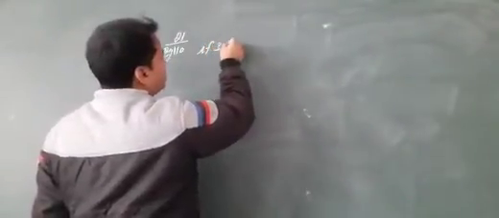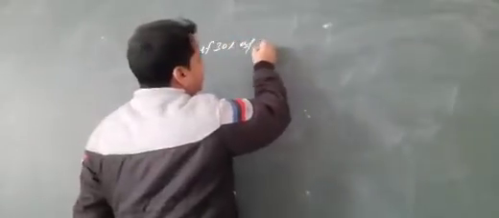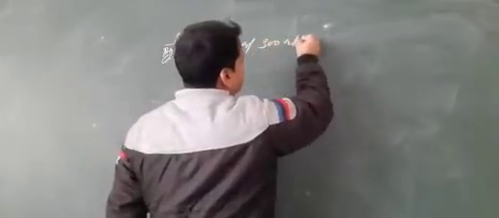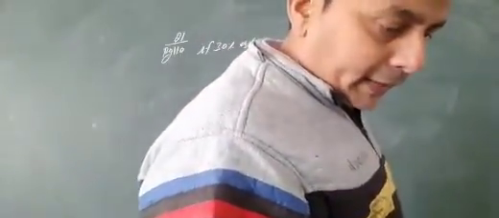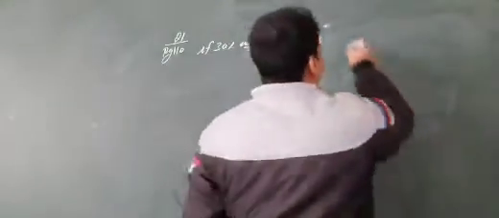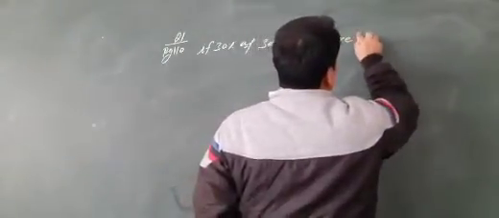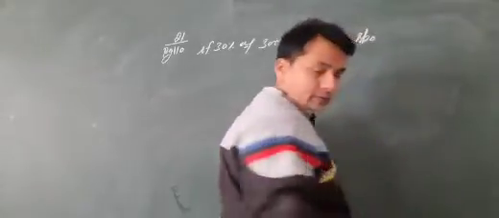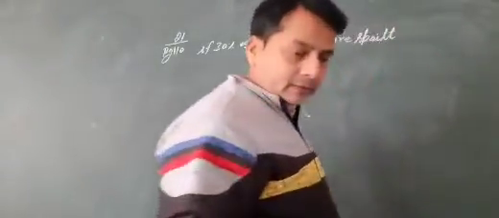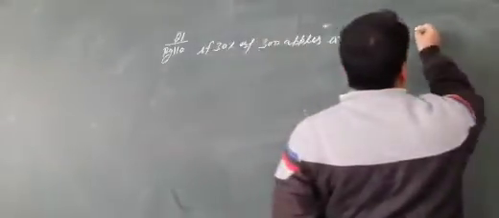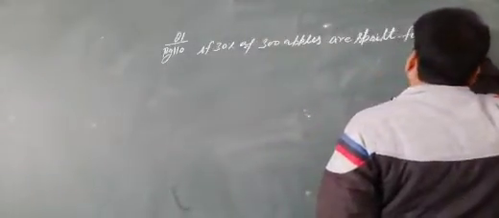If 30% of 300 apples are spoiled, find the number of good ones.